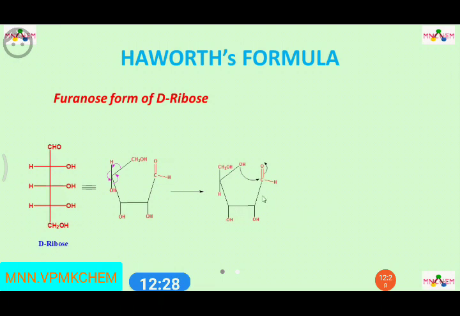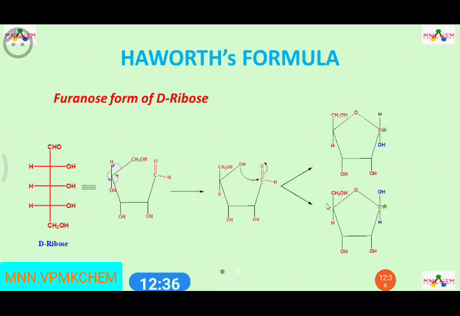Then the hydroxy reacts intramolecularly with the CHO group and forms the five-membered oxide ring, or furanose form of D-ribose.